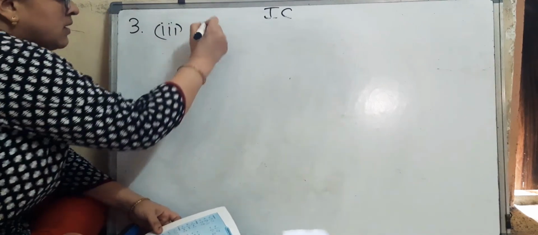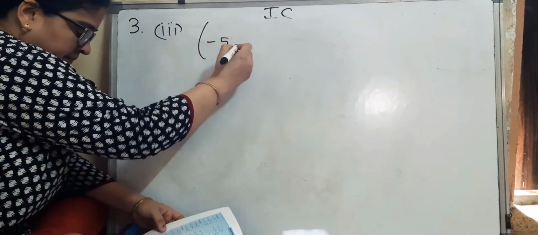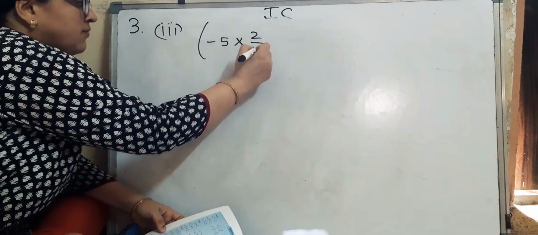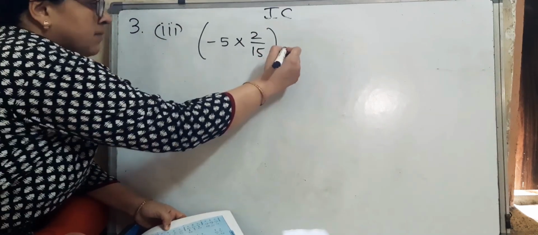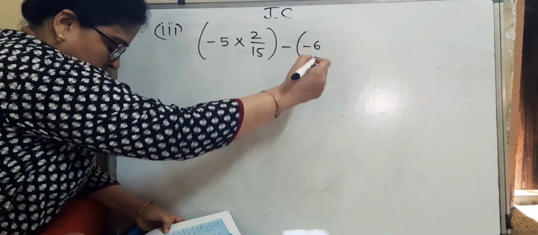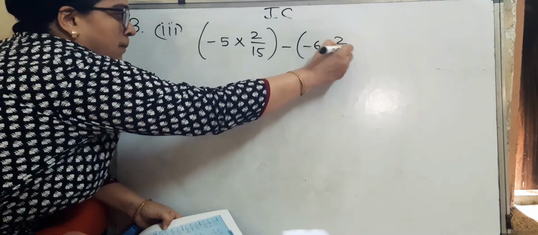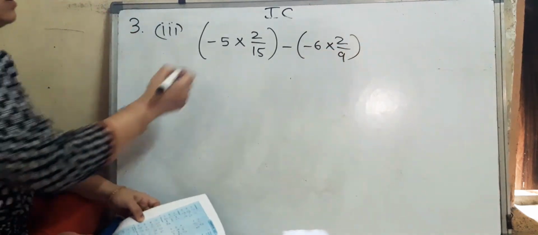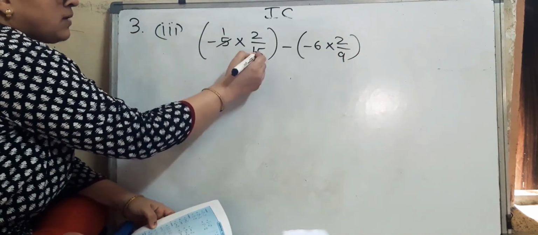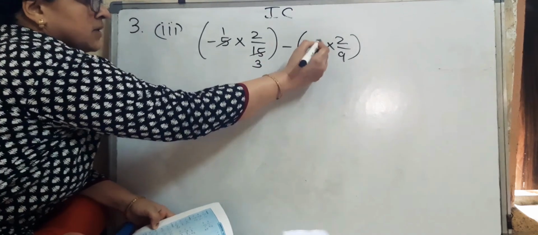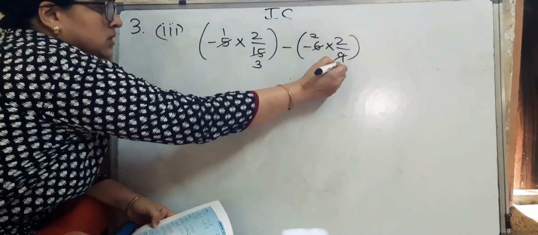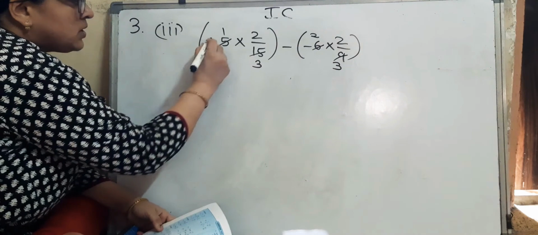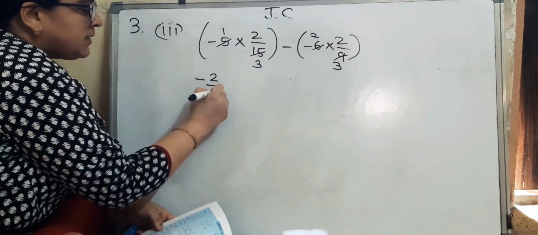Now third sum: minus 5 into 2 upon 15 minus 6 into 2 upon 9. Again cutting down, 5 ones are 5, 5 threes are 15, 2 threes are 6, 3 threes are 9, right? So here 2 ones are 2, minus 2 upon 3.